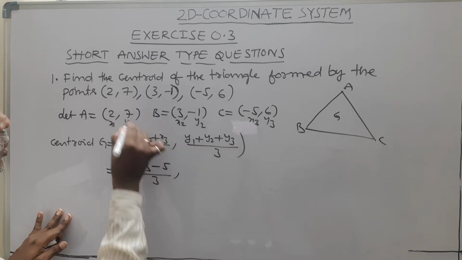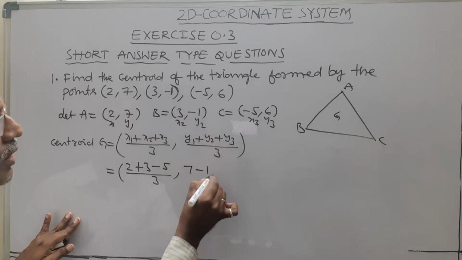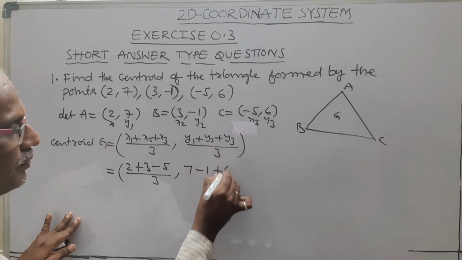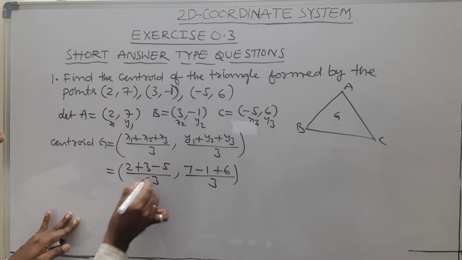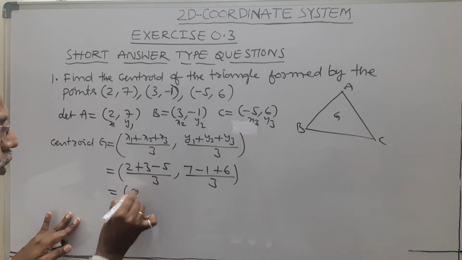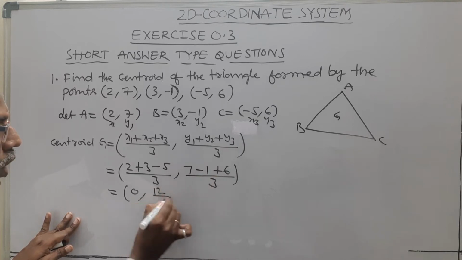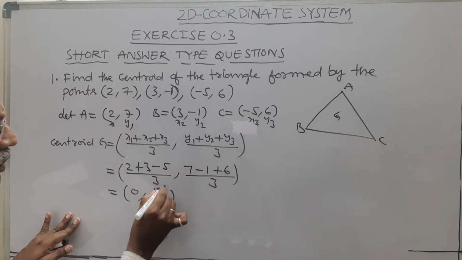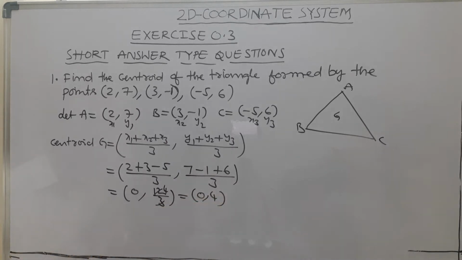Here y1 is equal to 7, y2 is -1, y3 is 6, by 3. 2 plus 3 is 5, 5 minus 5 is 0, 0 by 3 is 0. 7 minus 1 is 6, 6 plus 6 is 12, 12 by 3, 3 fours are 12. The centroid coordinates are (0, 4).